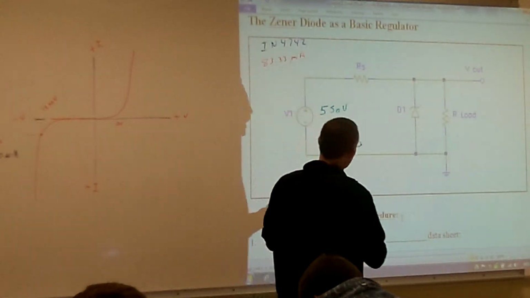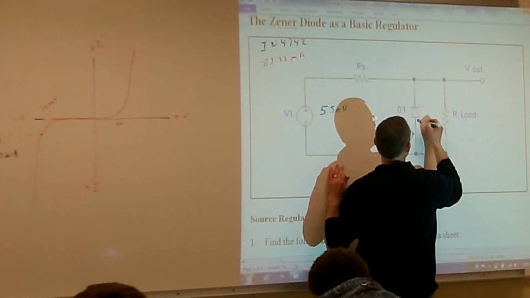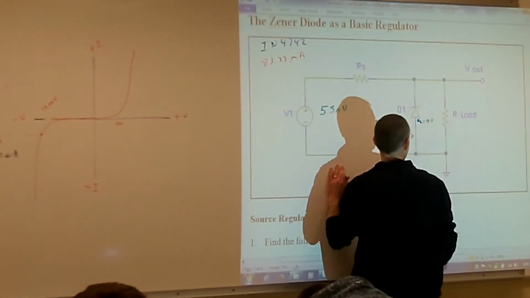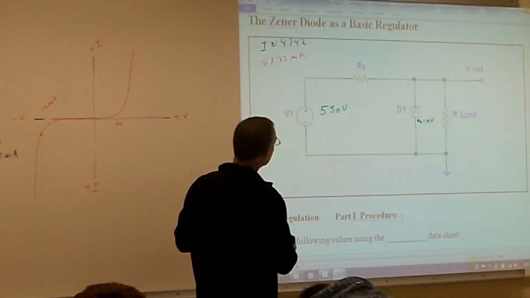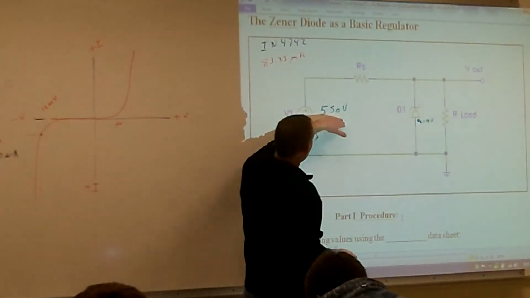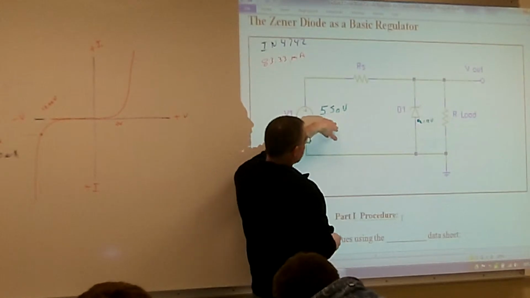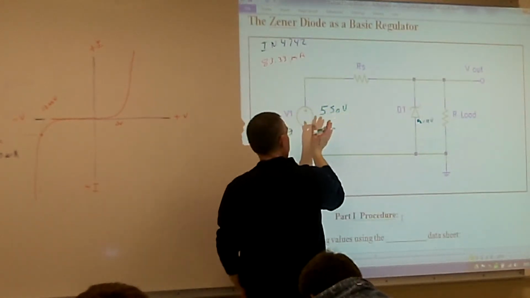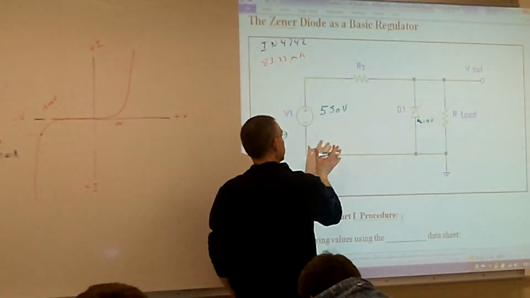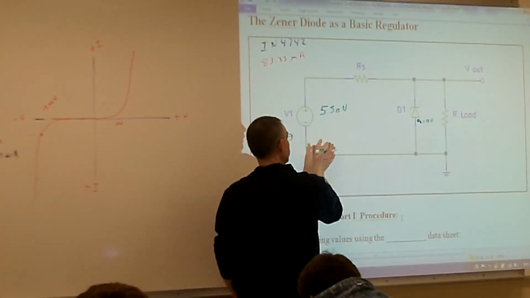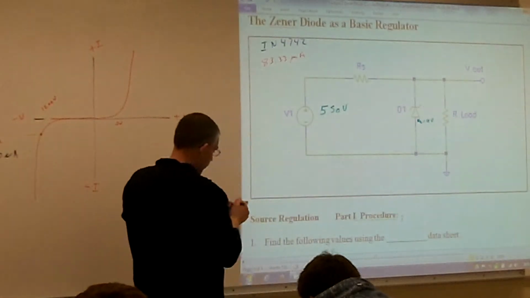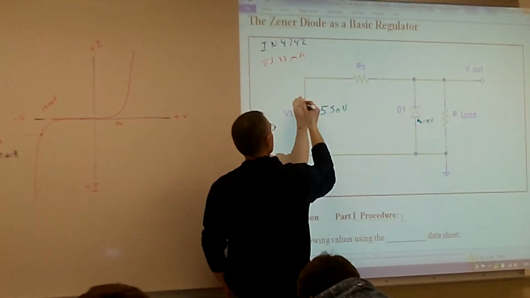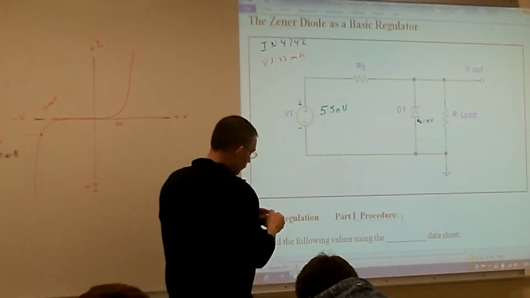We know that we have our 12 volt Zener here. So this time we're going to analyze it the long way, using our soft voltages. I didn't want to do it on all of them because it's a little bit tedious, but this one we're going to do with our soft voltages.